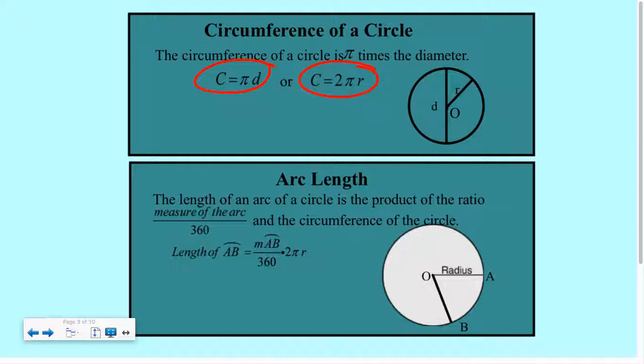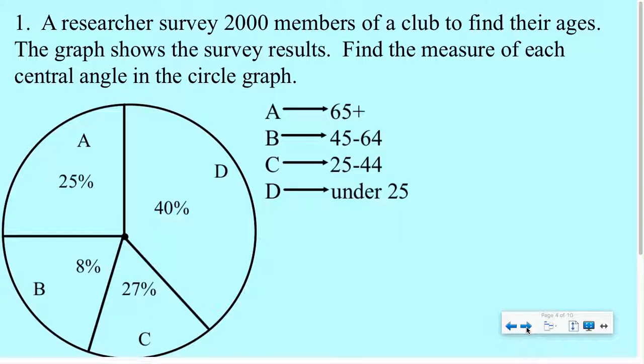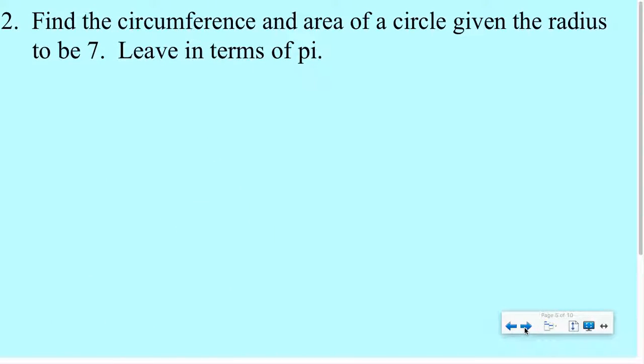Flip your paper to example 2. Number 2 at the top says find the circumference and area, cross off the area, of a circle with a radius of 7, and then I added this sentence, leave your answer in terms of pi.